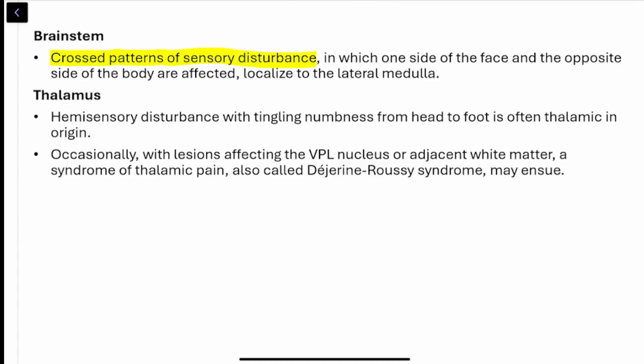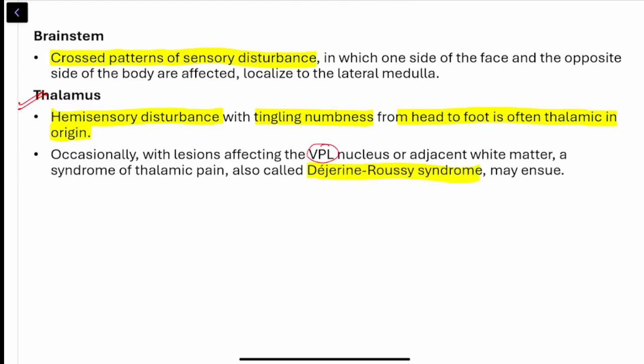If the thalamus is involved, there will be hemisensory disturbance with tingling and numbness from head to foot, which is thalamic in origin. Right, occasionally if the VPL nucleus is involved, there will be Dejerine-Roussy syndrome.